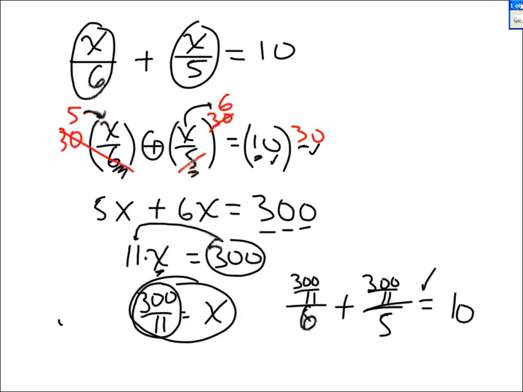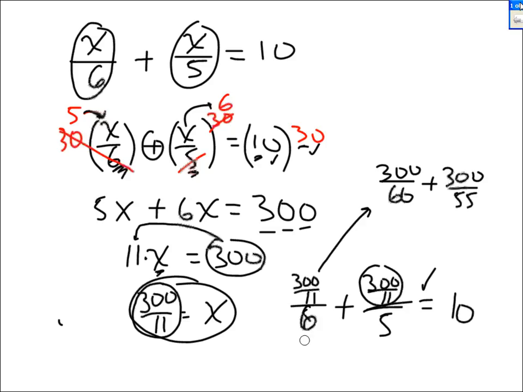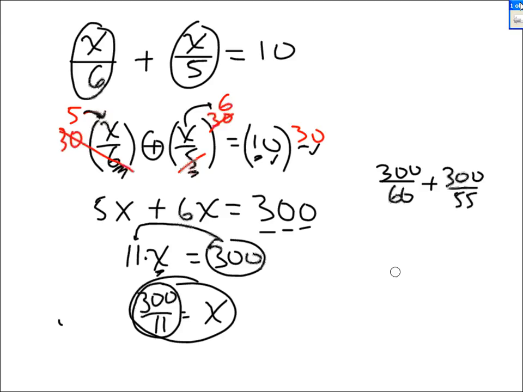Do the arithmetic. This number becomes 300 over 66, plus this number, when I divide it by 5, becomes 300 over 55. I want 10. So I can reduce these, I guess. 3 goes in here 22 times, and 3 goes in here 100 times.